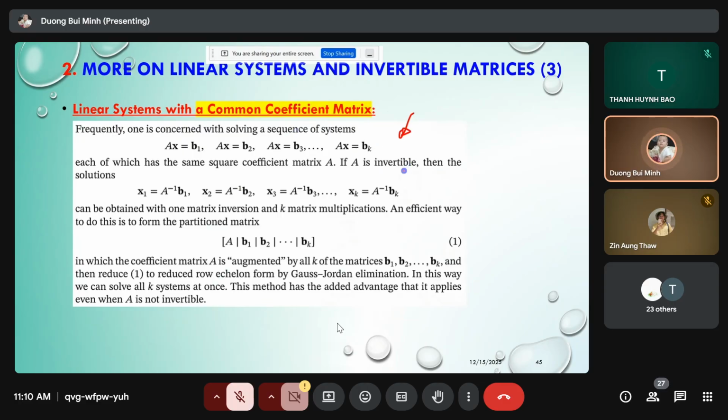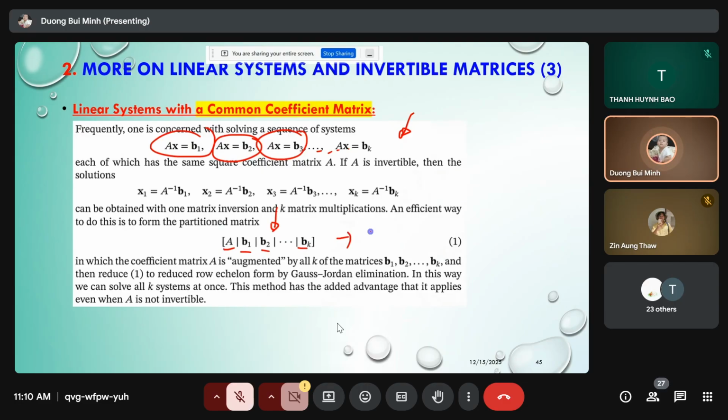These are examples of this. Now generally AX is B1, AX is B2, AX is B3, and so on. So we can combine many constant terms. We have the matrix [A | B1, B2, B3].